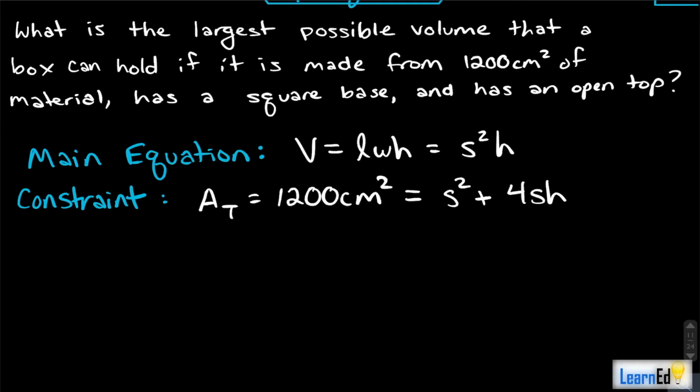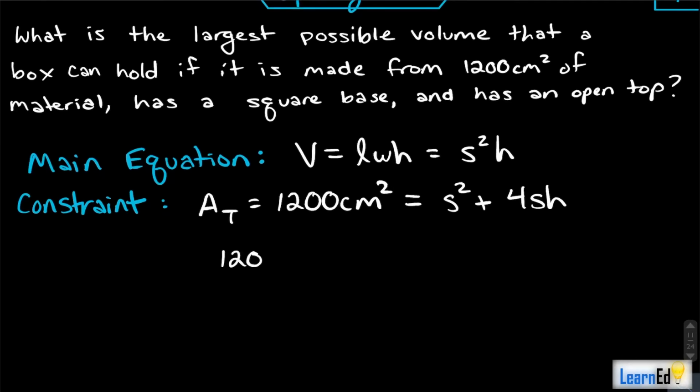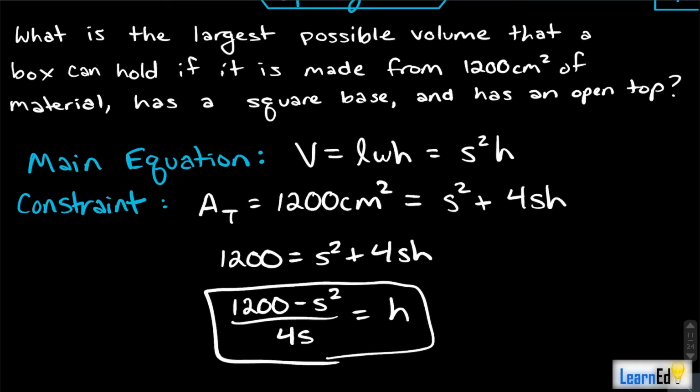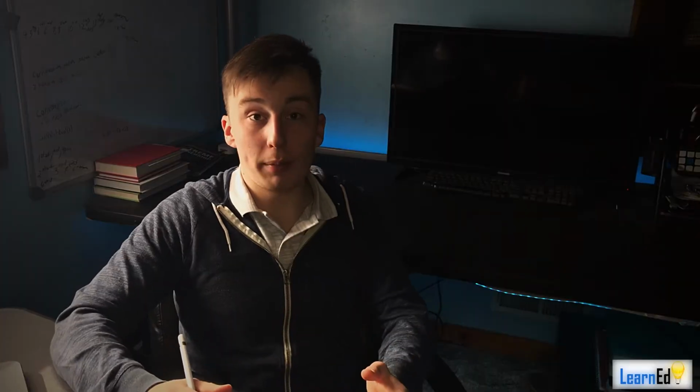If we set 1200 equal to s squared plus 4sh, and we solve for h, we get 1200 minus s squared. So we subtract s squared on both sides, and then we divide by 4s on both sides. So we get that h is this. Now this is how we're going to incorporate our constraint into our main equation.